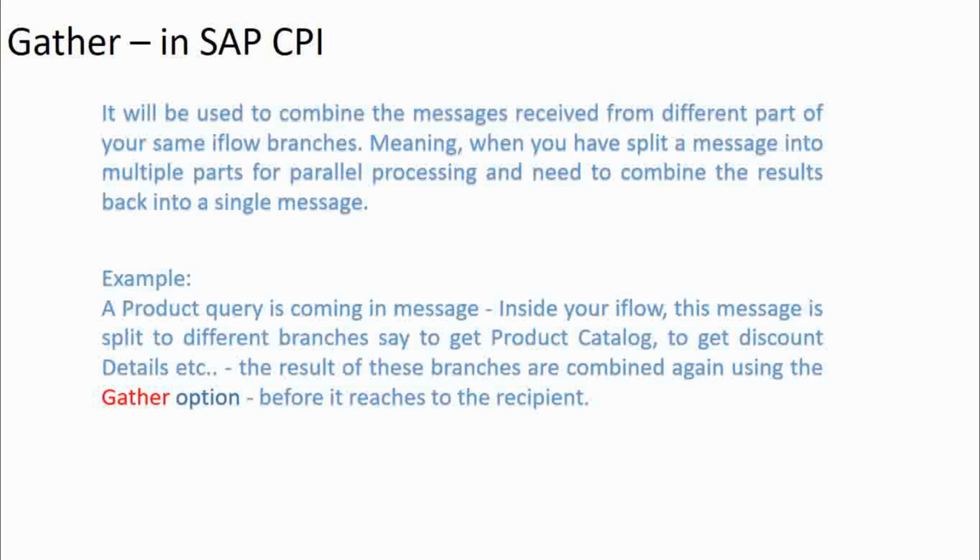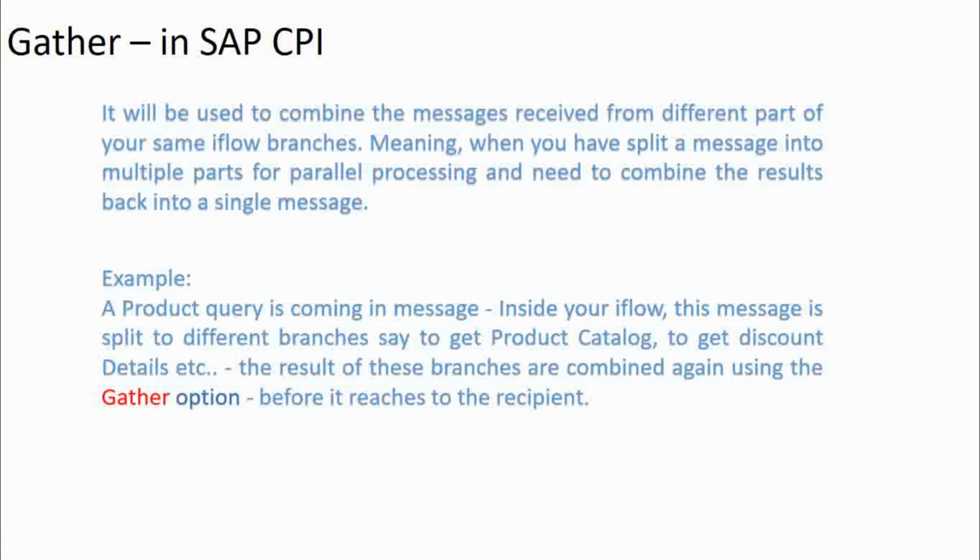You can refer to a multicast video in one of my playlists. The multicast will send this message to different branches of your iFlow, and one branch will get you the product catalog, the other branch will get you some other discount details, etc. Like that, multiple branches will be there.